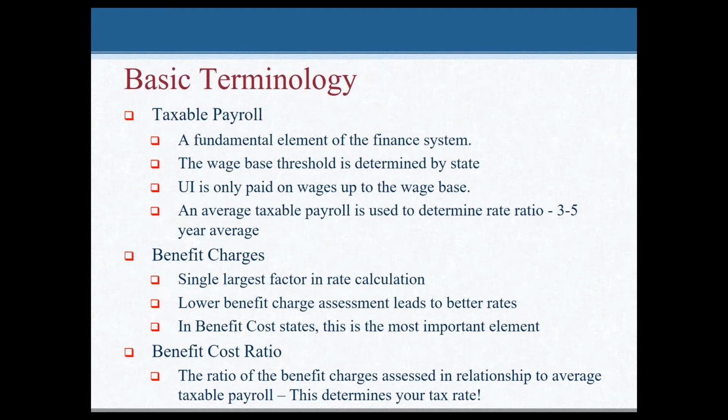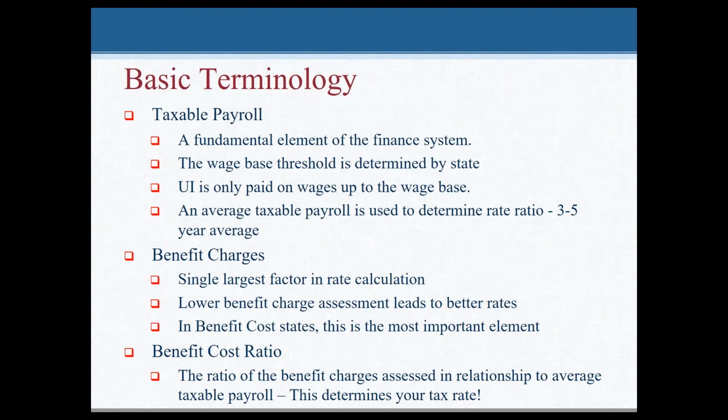Okay. Now, one of the other key elements you need to remember, as I mentioned earlier, is that benefit cost ratio. And this is for those states that are in the benefit cost system. The ratio of the benefit charges assessed in relationship to your average taxable payroll is what determines your tax rate. That benefit cost ratio, whatever it may be, there's usually a tax table, and that tax table has a range of those benefit cost ratios.